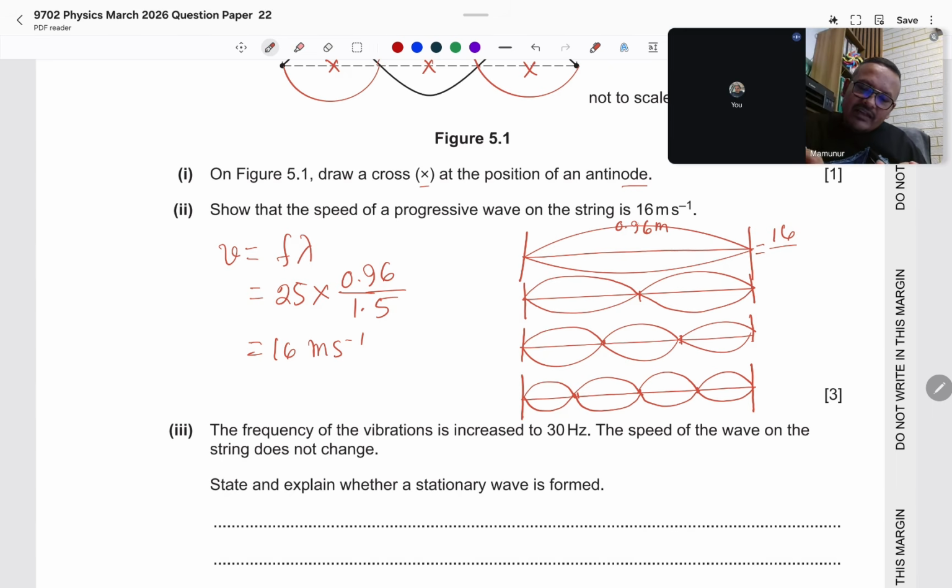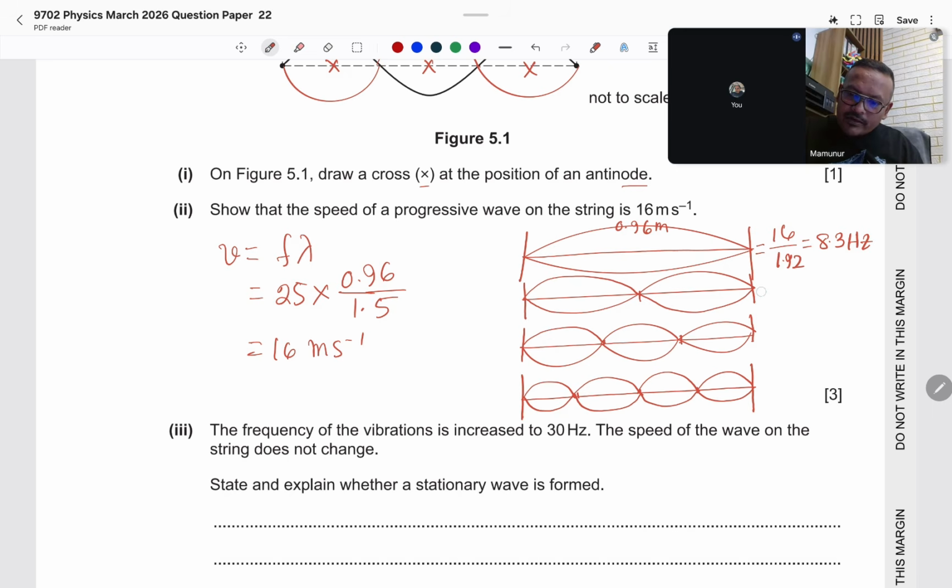If it is a half wave, lambda is 0.96 into 2, which is 1.92. The first frequency is 16 divided by 1.92, which is 8.3 hertz.